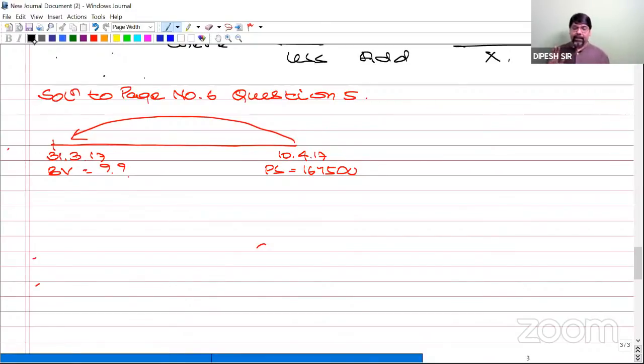Shall we start? After the end of the accounting year and till the date of completion of stock taking, that is 10th of April, sales were made for 6,875.